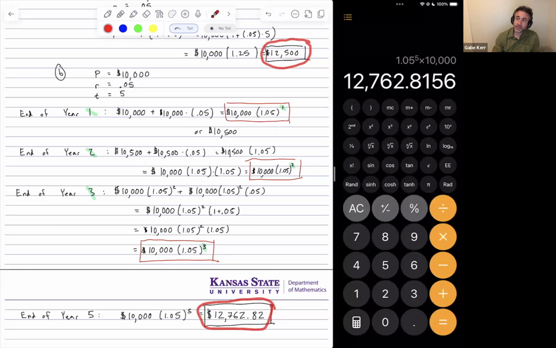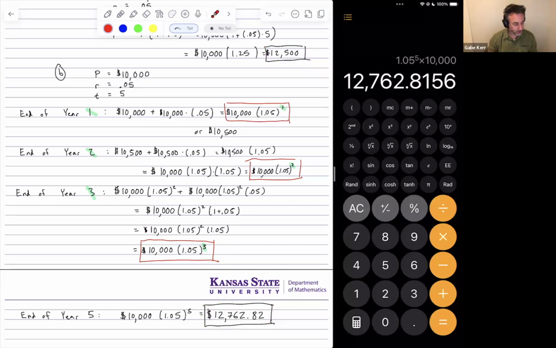And that is because the interest is not only being applied to the principal, it's being also applied to the interest as it builds. And so we're getting more money from that compounding interest.